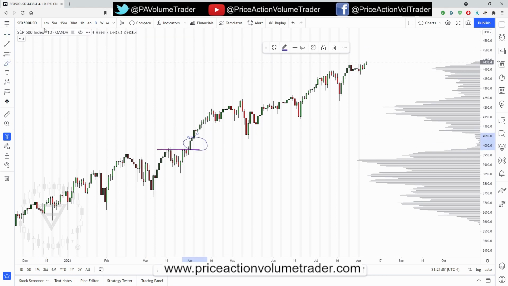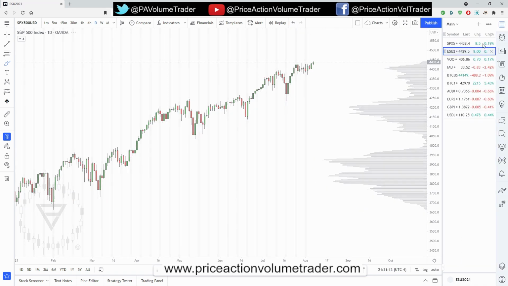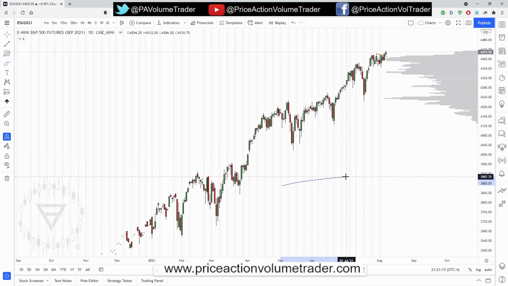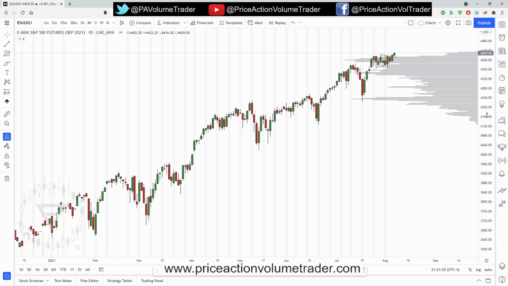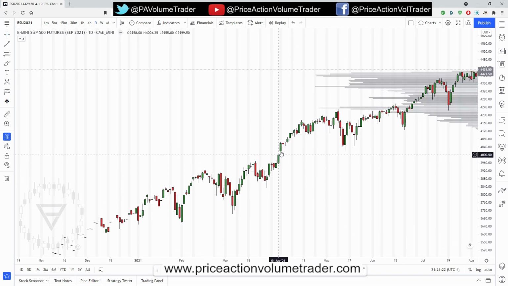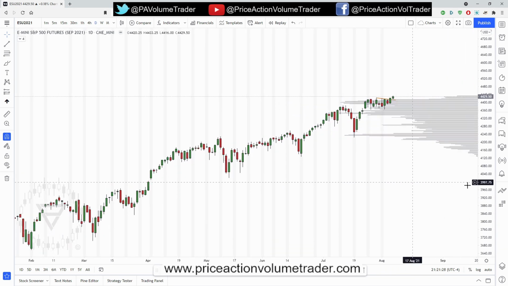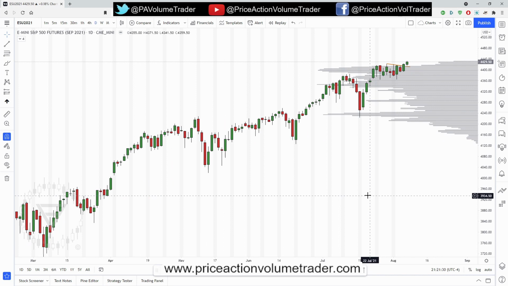Again, this is the CFD, so that's why we're not showing gaps. If we go to the futures contract over here, you can see that we do have gaps here, most common when it comes to the new trading week.